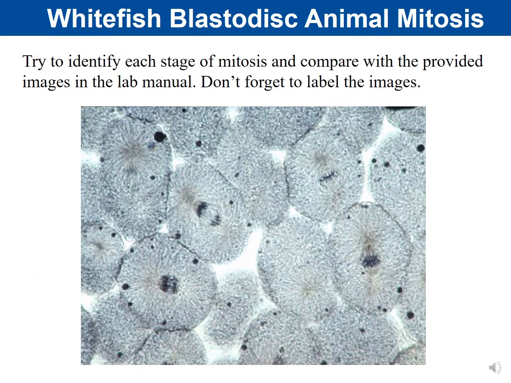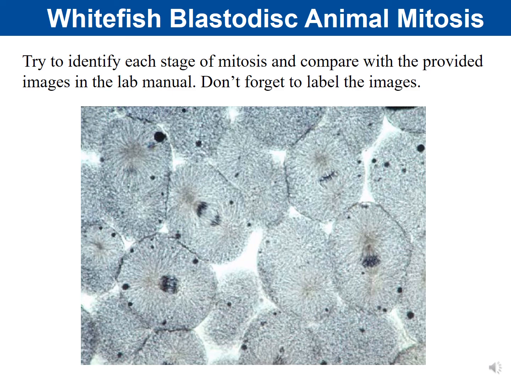The next part is going to be looking at a whitefish blastodisc. And so in your lab, these are actually drawn for you. They put an example of one that's in prophase. They put an example of one that's in metaphase, and so on and so forth. So for that one, you don't have to draw what those look like, they're already there for you.